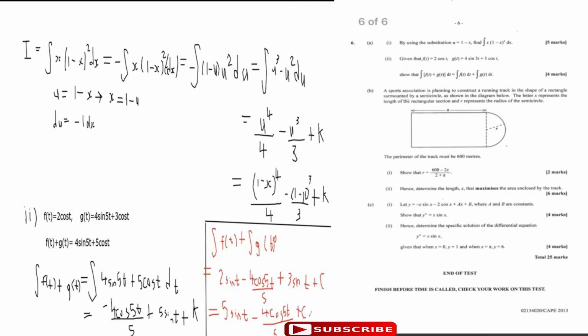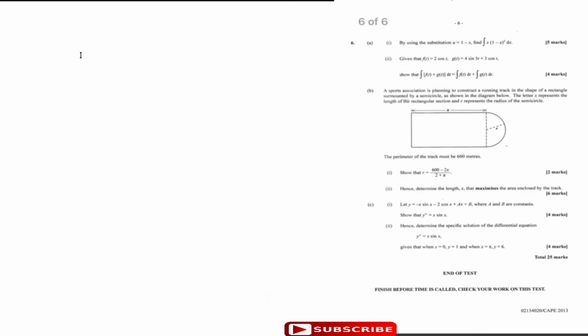All right, so just to conclude, it is definitely seen that the integral of f of t plus g of t is just equal to the integral of f of t plus the integral of g of t.